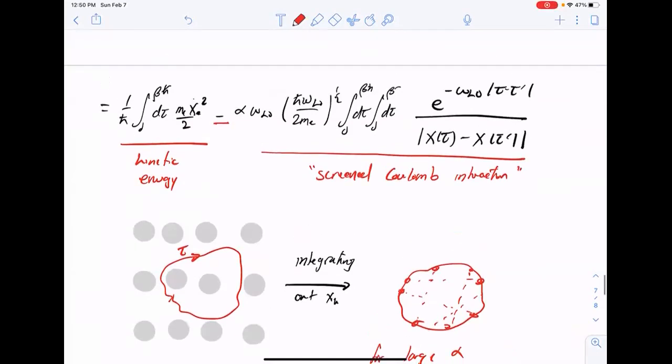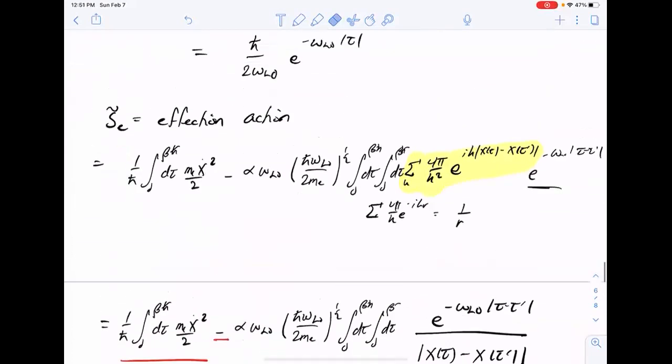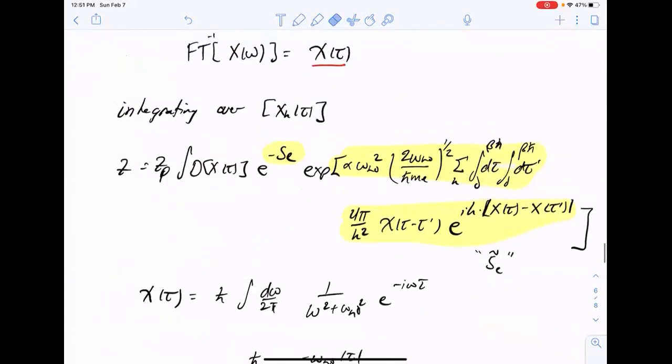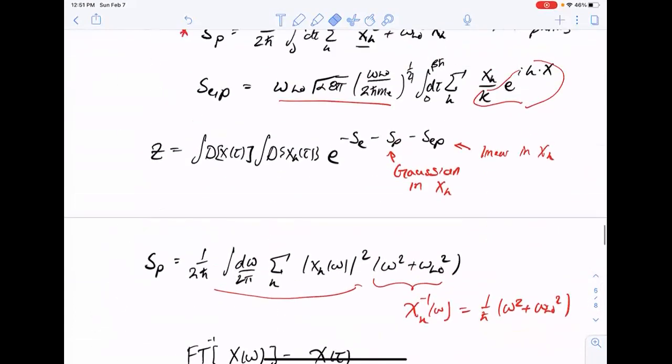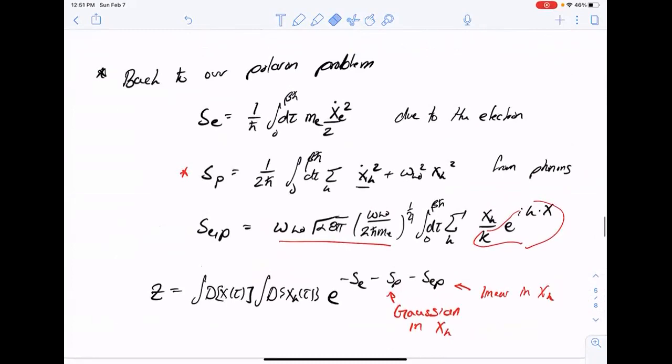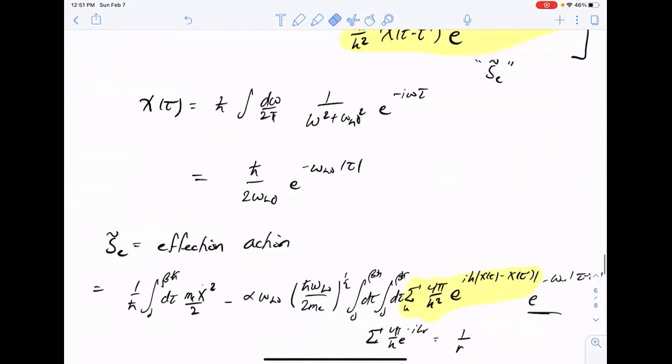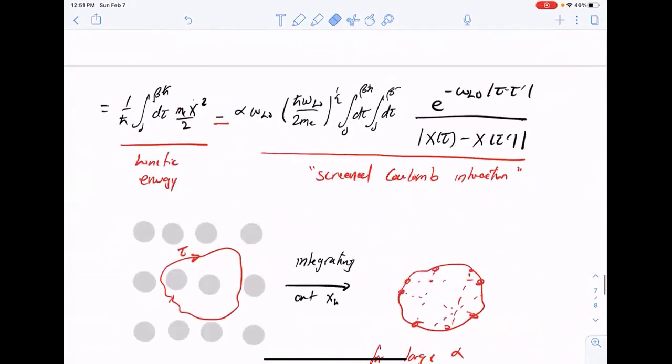Now, note, while the electron kinetic energy is quadratic in the electron variable, that Coulomb coupling means that we can't actually integrate out the electronic motion.